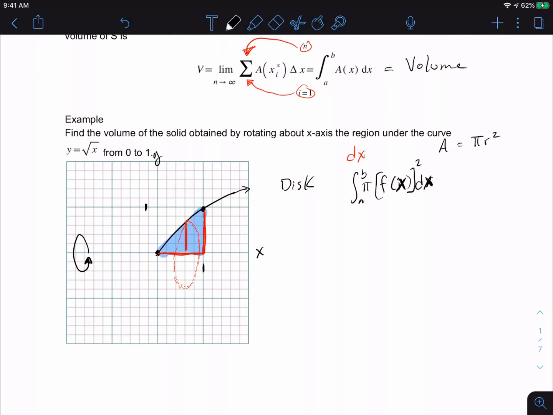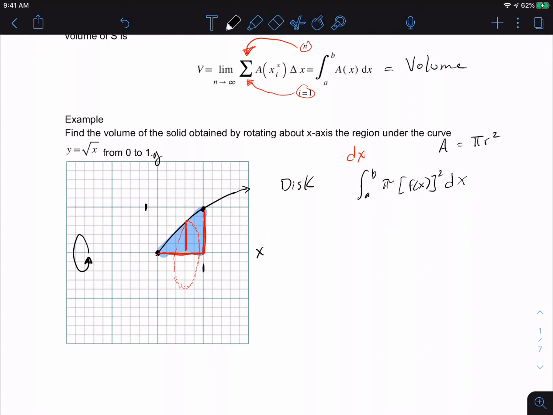So I want to write that clean. So the integral is going to go from a to b of pi of my function's height squared dx.